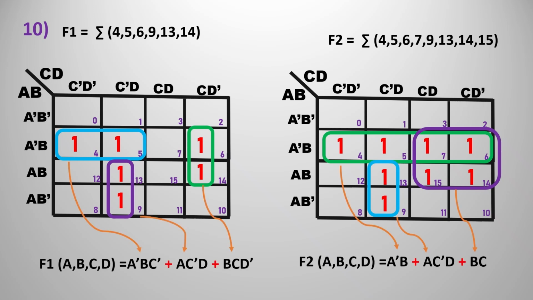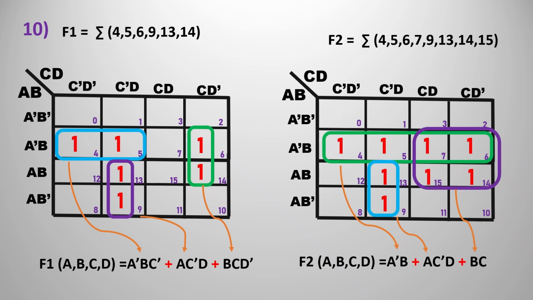I hope you know how to write the group expressions. The blue group can be represented as A bar, B, C bar, the purple box is represented as A, C bar, D, and the green box is B, C, D bar. See, if all the variables are present in a horizontal way in the same row, write the whole row expression, and if a column is changing, don't consider the changing column variables, only write the variables that are not changing.